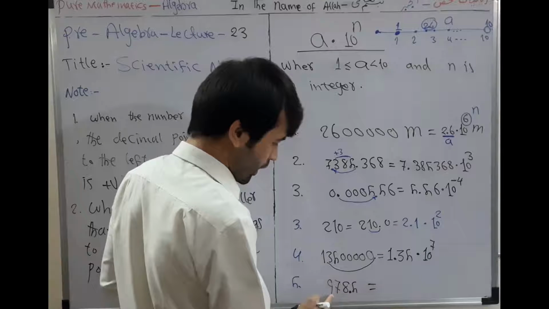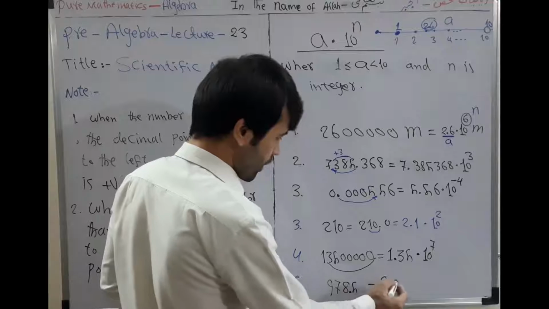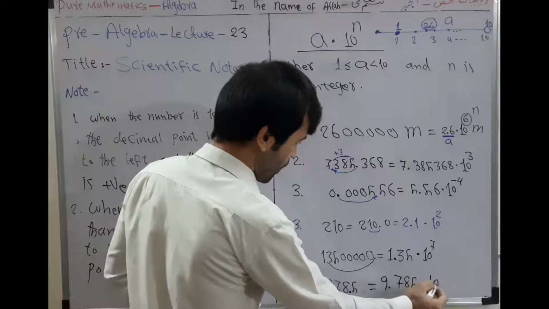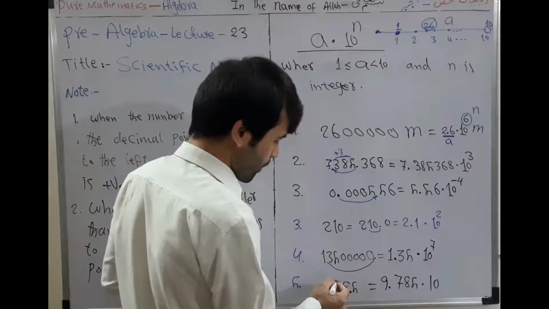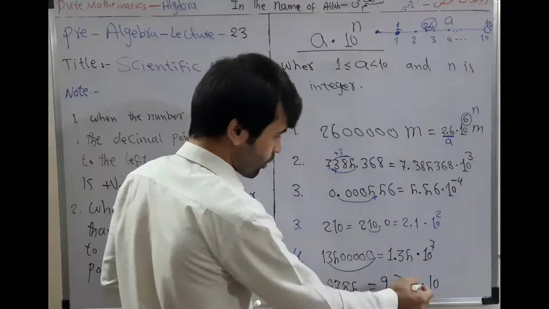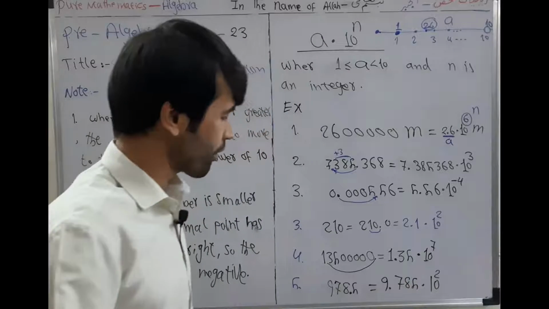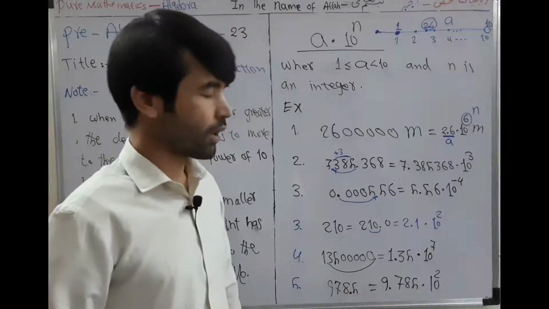The decimal point will come in front of 9, then it is equal to 9.785 multiplied by 10 to the power, how many digits came to the left side? 2. Therefore, we can write 9.785 multiplied by 10 to the power 2.